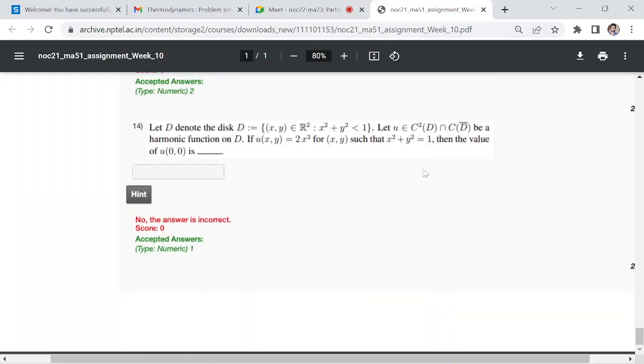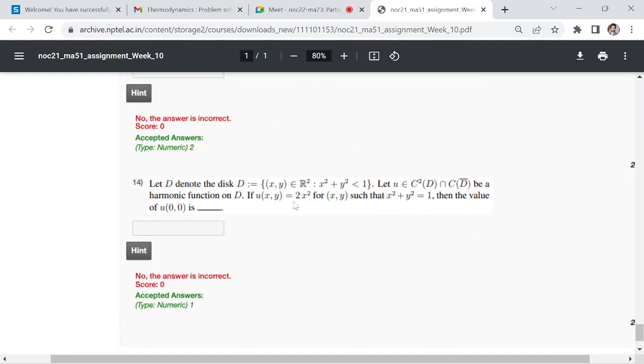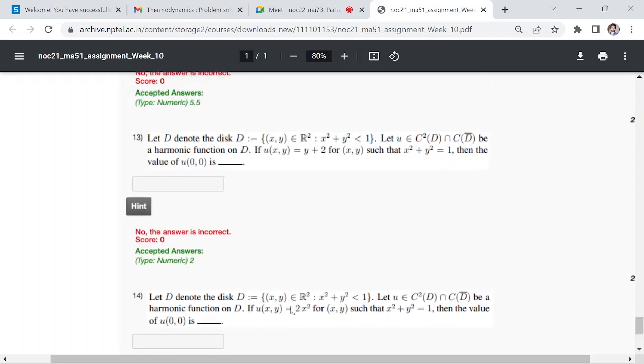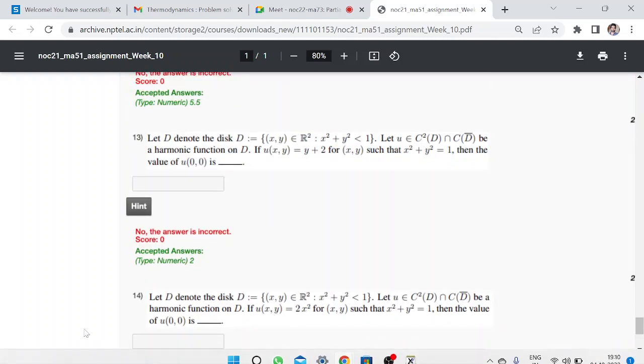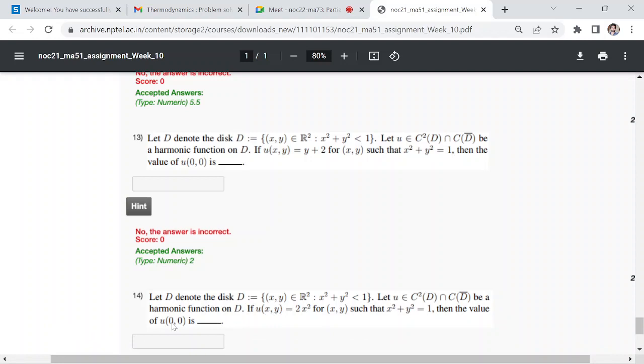Okay, so the last problem. The last problem is the same thing. Can you tell me quickly what is changing? You have to find the value at 0, 0, at the center. What is changing here? Notice where my cursor is, here and here.